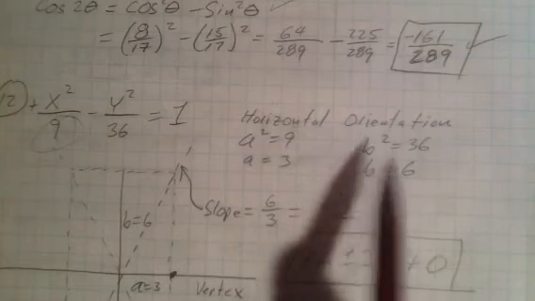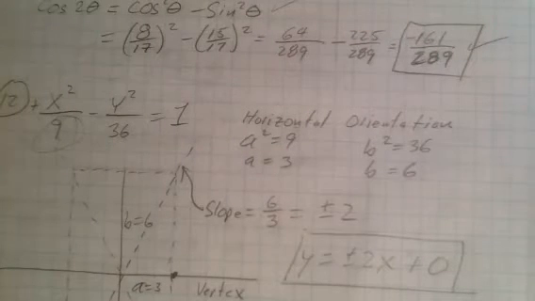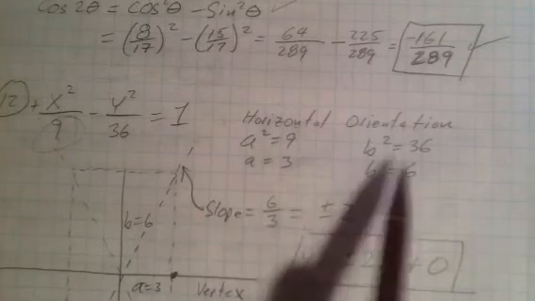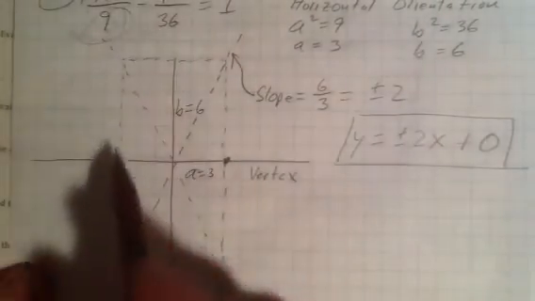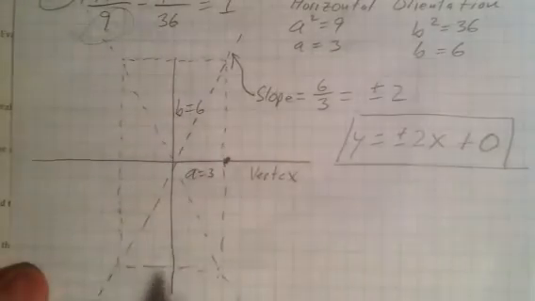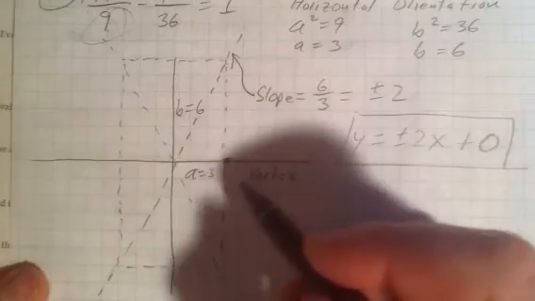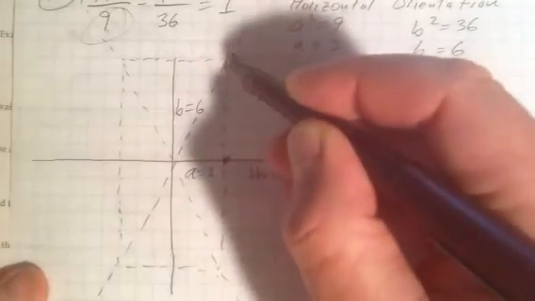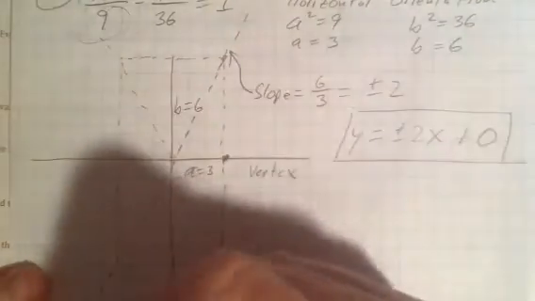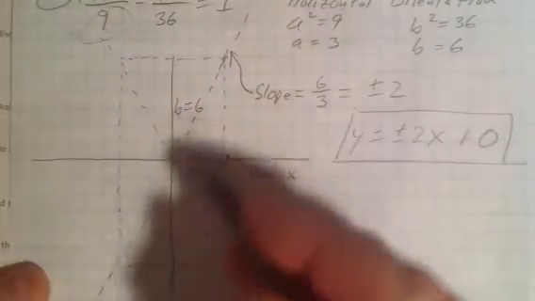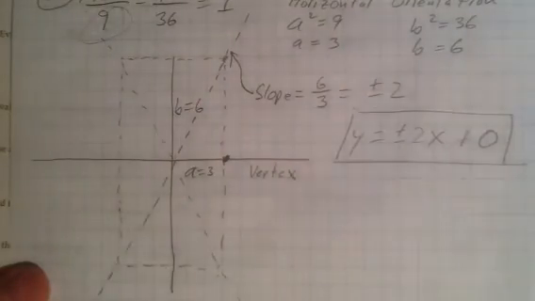So by default, b squared is then 36. Okay, now how does that help me? Remember what a and b are. They're kind of the dimensions of this imaginary box for plotting the hyperbola. That imaginary box fixes my ability to draw in the asymptotes.